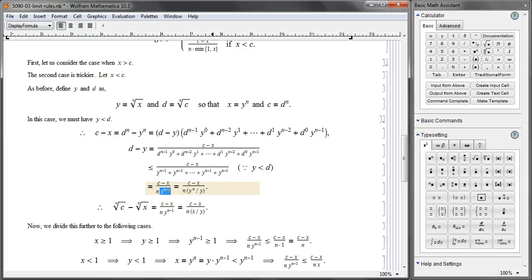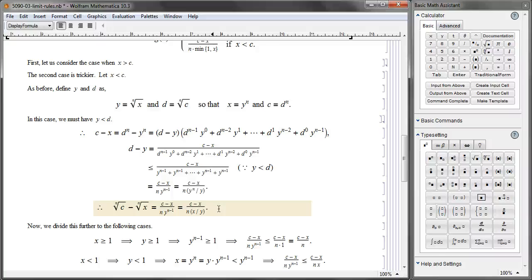And what do we get? y to the n minus first power is y to the nth power divided by y, so far so good. And y to the nth power is x. And consequently, we get the final expression like this: c minus x over n times x over y.